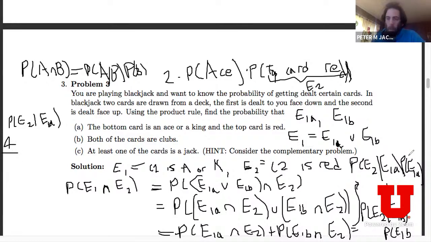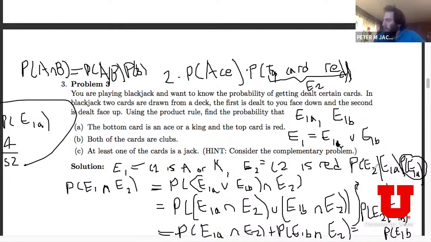So the probability of E1A is 4 over 52. Now, that's this term. Then we have to compute the probability of E2 given E1A.